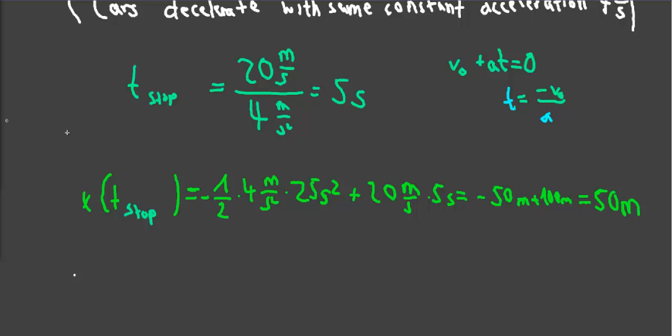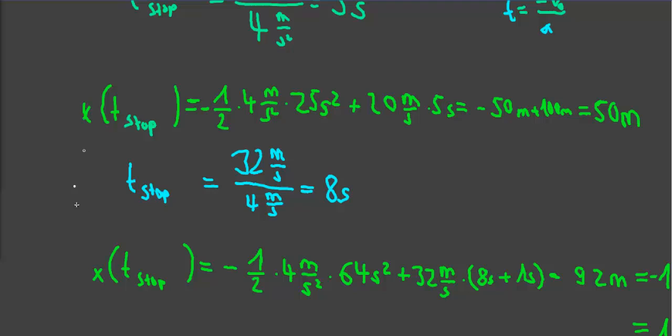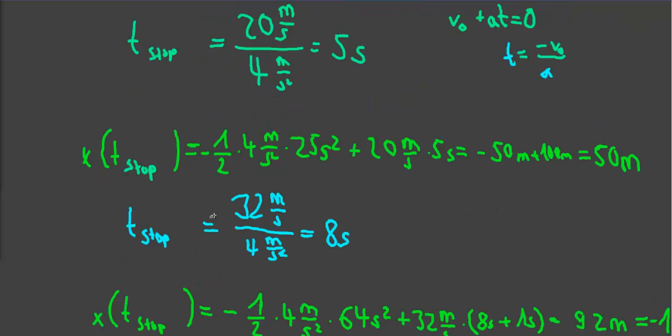Now let's jump to the second car, because the second car is a bit more interesting. The second car also decelerates at 4 meters per second squared, but the starting velocity is 32 meters per second. So it takes more time to decelerate, which is 8 seconds, just 3 more seconds to decelerate.